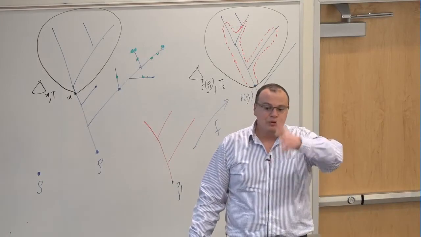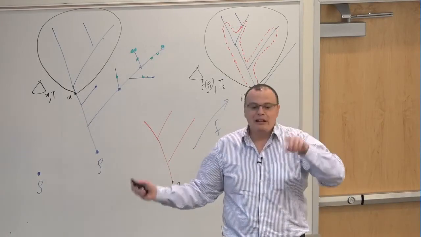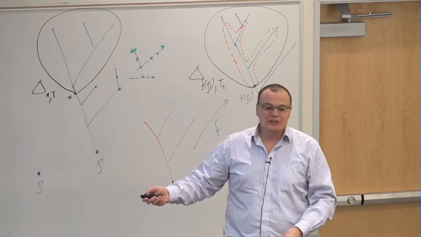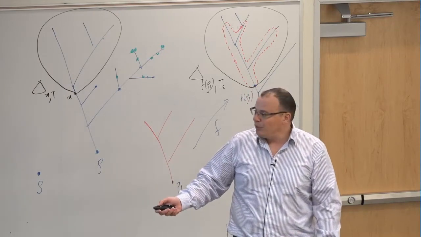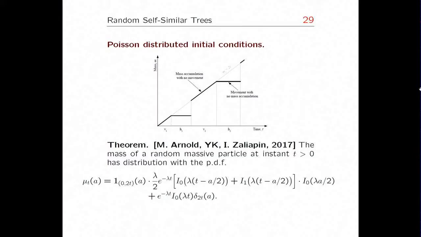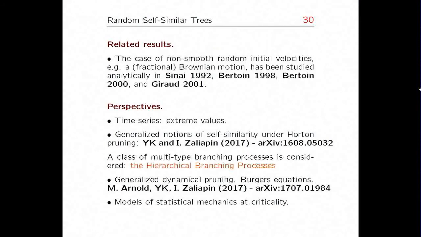Essentially, if you take a randomly picked massive particle, its mass will be distributed this way. If it's moving, its mass is going to be 2t. If it's still forming, its mass is going to be distributed this way. And this is a picture. So either it's on an excursion or it's still moving.